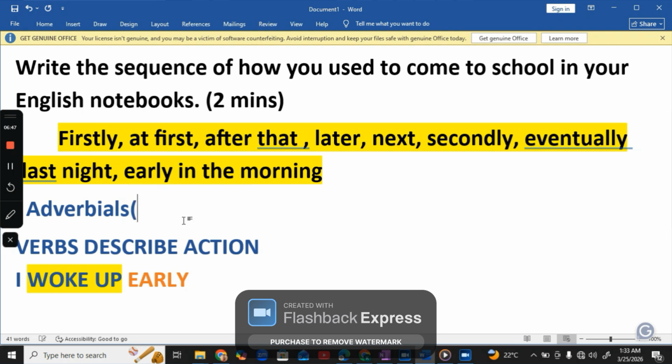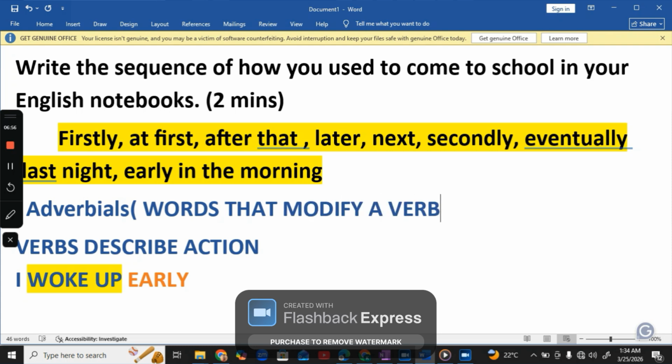Remember that adverbials are words that modify a verb, adjective, or another adverb. All right. We will be keeping it short and till verb. So adverbials are the words that modify a verb. For example, waking up is an action, but telling us when, like early, specifying time, that would be an adverbial of time. When, adverbial of time.